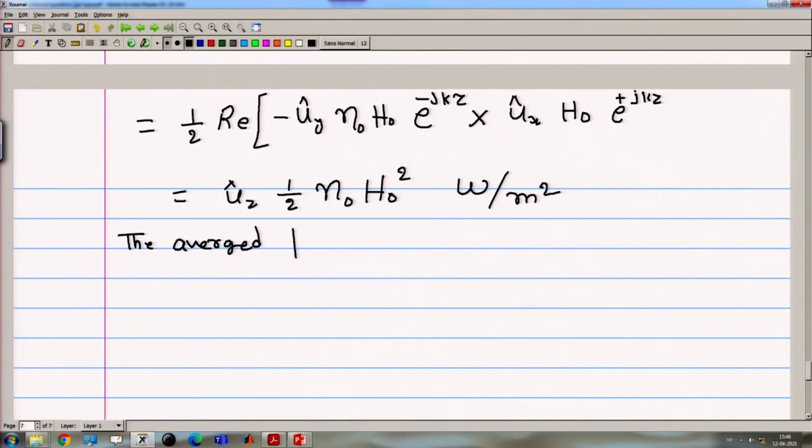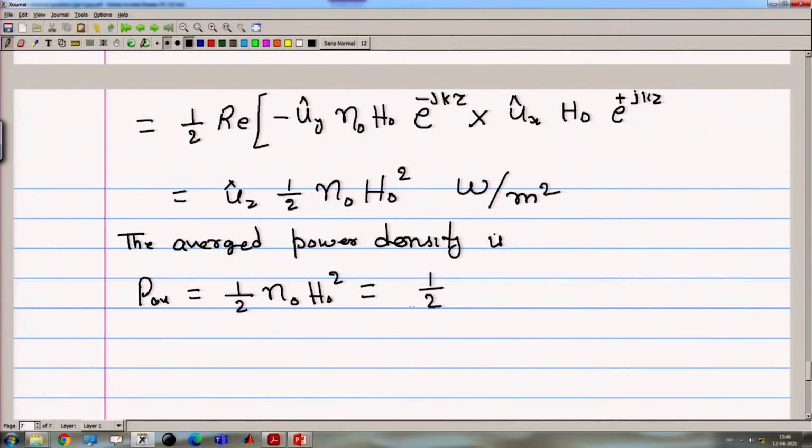And time average power density is half of eta naught H naught square. Because in the question it is given lossless propagation and propagation is in the free space, free space wave impedance will be 377.